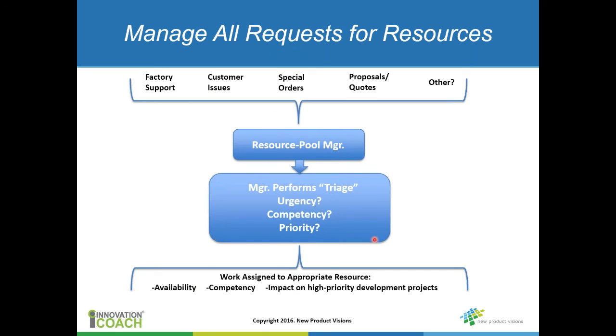Then the resource pool manager can assign the work based on availability, who really can do the work, and the impact on other high priority development projects. So if you're not managing this in some way and all this stuff is flowing directly to the resources, you basically have no control over how you're going to manage the resources.